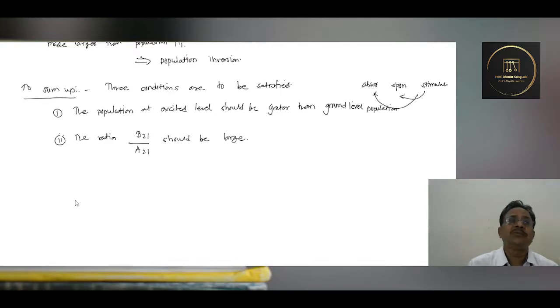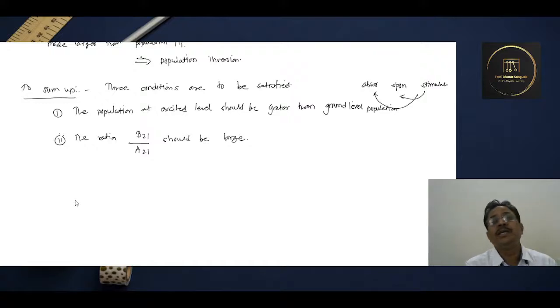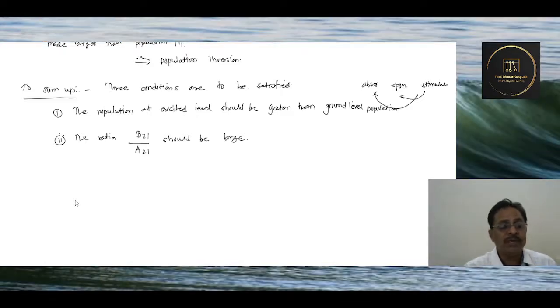If R1 is larger, we are creating conditions for large stimulated emissions. If the ratio B21 upon A21 is made larger, or if we have a field giving more and more stimulated emission, then these conditions will be created.